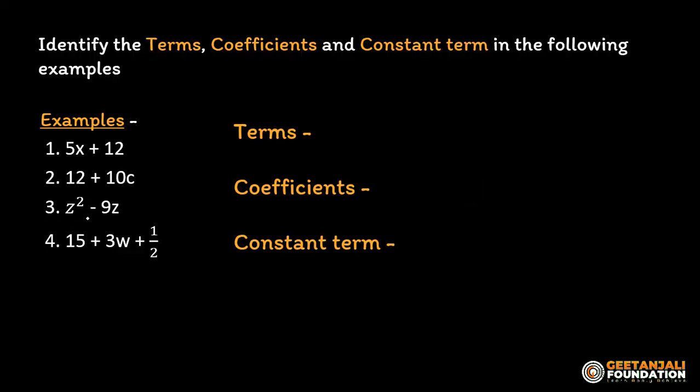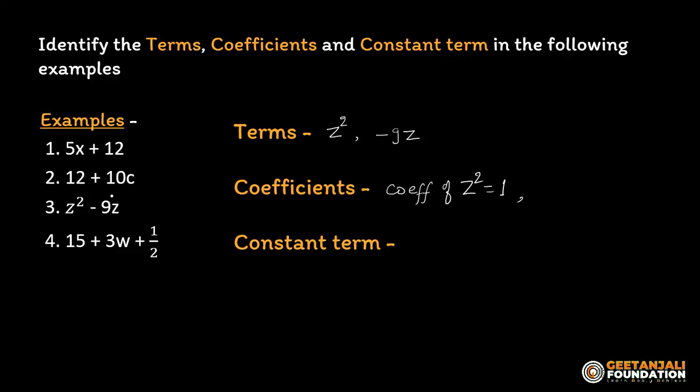Now let's take third example. In this example the terms are z square and minus 9z. These two are separated by minus sign. So here the terms are z square, and I told you take the terms along with its sign. So z square and minus 9z are the terms. Coefficients, here we have z square. When nothing is multiplied to the variable, we consider that 1 is multiplied to this. So coefficient of z square is equal to 1.